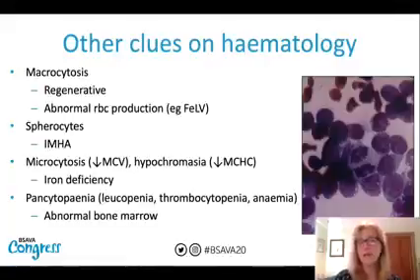And lastly, if we are aware that there is a pancytopenia, a loss of all of the cells produced by the bone marrow, so not just red blood cells but also white blood cells and platelets, then that would tend to indicate that there is a bone marrow problem, and that's the next place to look. And I've included on the right hand side here a picture of a bone marrow smear from a cat with pancytopenia, where this is a very specialist job to analyse.